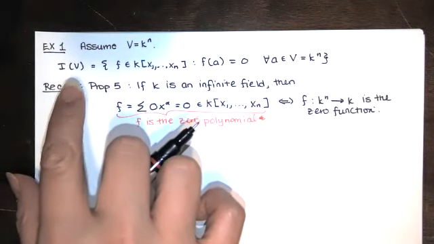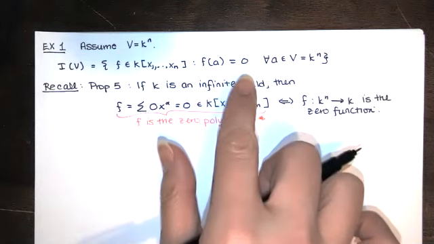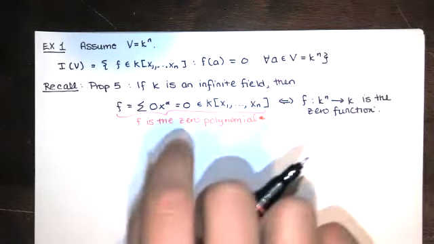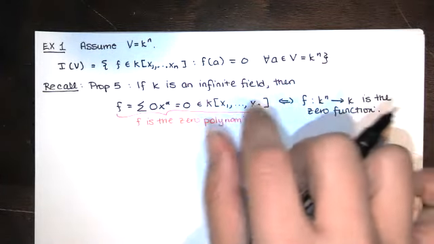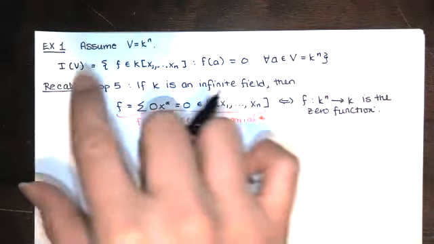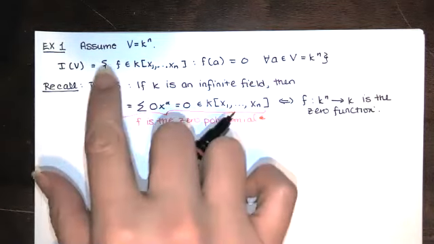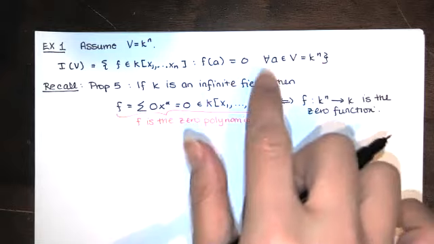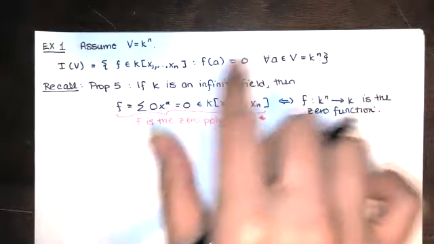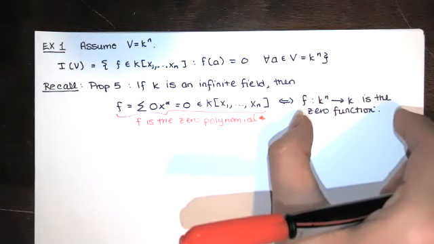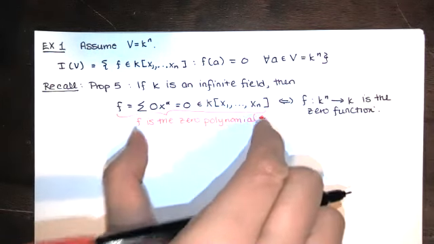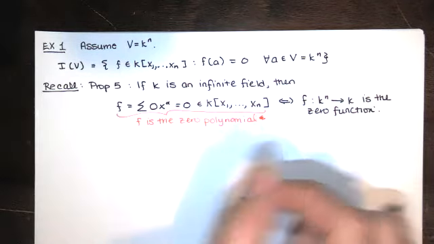So this ideal of the variety, which is the set of all functions that are equal to 0 at all points in n-dimensional affine space, well, it turns out if we're in affine space for a field K and that K is an infinite field, then if all of those functions are equal to 0 for every point in n-dimensional affine space, we're guaranteed that that function is the zero polynomial, provided that K is infinite.